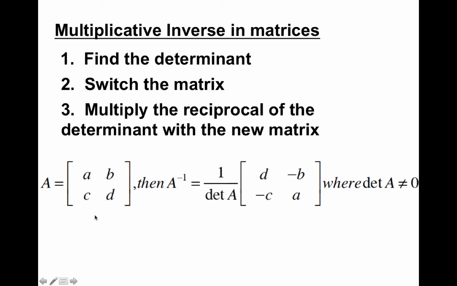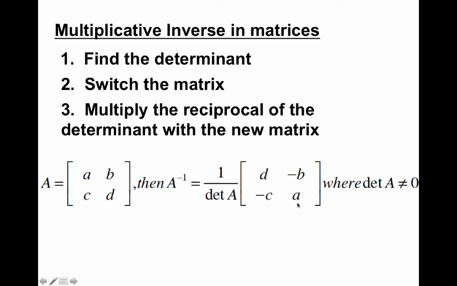So here is what that's going to look like. If we have matrix A with A, B, C, and D, this is the symbol for inverse. A to the negative 1 equals the reciprocal of the determinant, so 1 over whatever the determinant is. Then the matrix switches order. Notice how the letters A and D switch places.